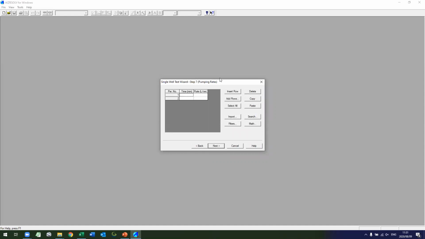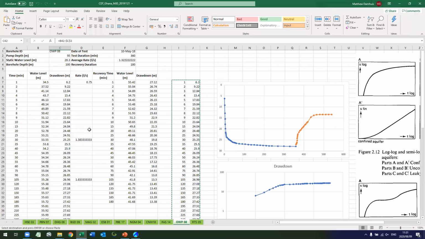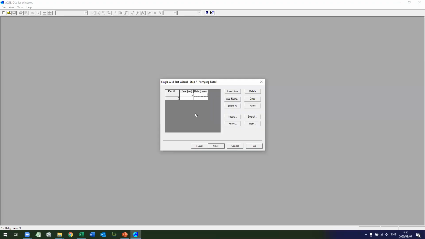Okay, so for my pumping rates, I'm going to insert a row. From time 0, I used an average pumping rate of 1.32 liters per second. And then my pump was switched off at 360 minutes.